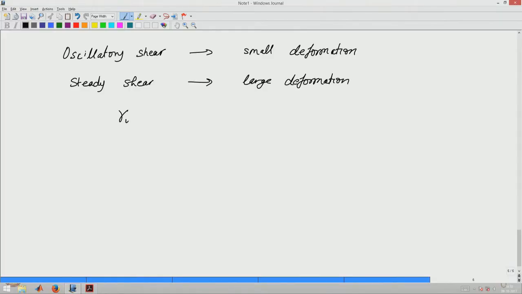If you look at the position of the plate, it is continuously moving, but at the same time it is oscillating around its mean position. So, if you write it as a function, gamma Yx as a function of time is some gamma naught Yx which is constant, plus another gamma star, let us say, sin omega t.